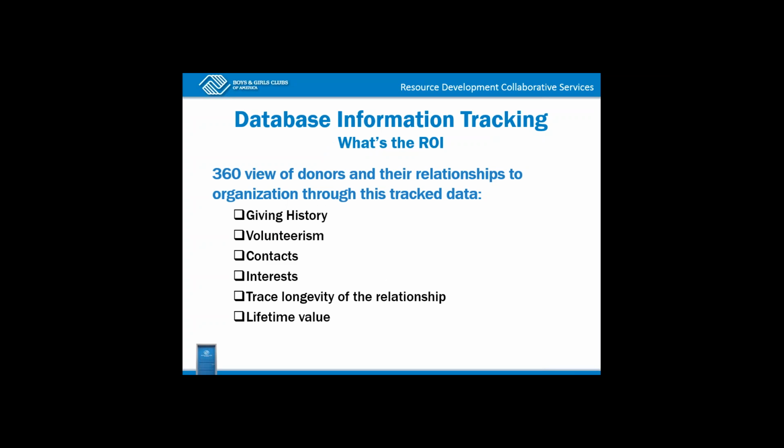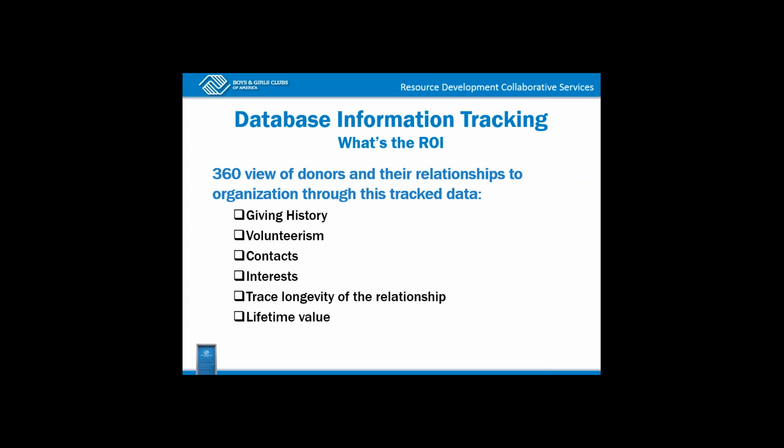And what's the ROI to tracking all of this information? Really what it is, it provides you with a 360 view of your donors and their relationships to the organization. Through this tracked data, you can pull and review giving history, their level of volunteerism, the contacts that you've had, meetings, phone calls, etc., their interests, and how to tie them to key initiatives that you have going on. It allows you to trace the longevity of the relationship.